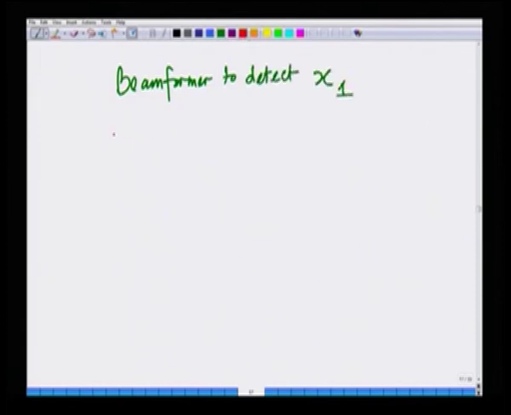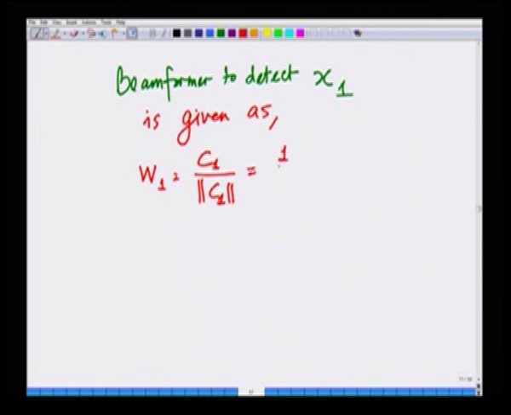x 1, the beamformer to detect x 1 is given as W 1 equals C 1 divided by norm of C 1, which is equal to 1 over square root of 27 into 3 plus 4 j minus 1 plus j.